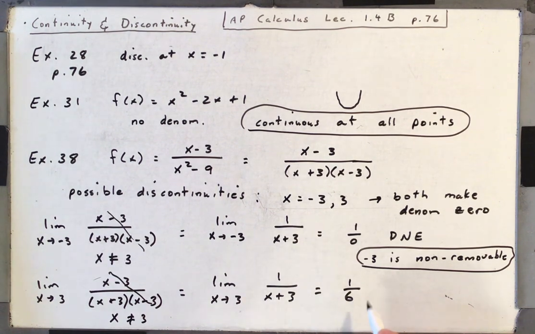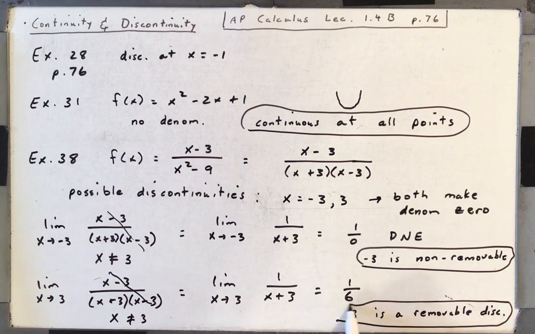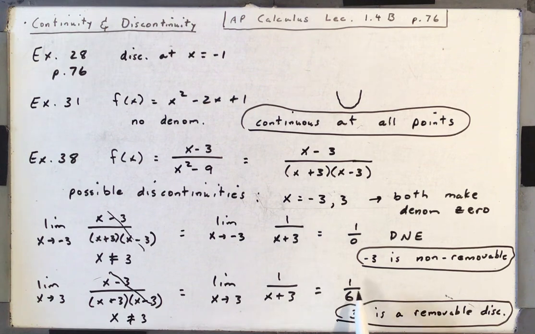So 3 is a removable discontinuity. We have a discontinuity at both 3 and negative 3, where the denominator can become 0. But negative 3 is non-removable because the limit does not exist. 3 is removable because we actually can take a limit there. So at 3 there's a hole, and at negative 3 there's a jump or an asymptote or something like that.